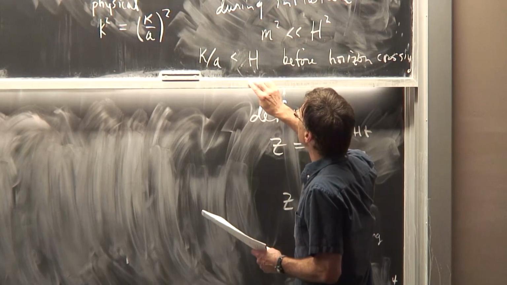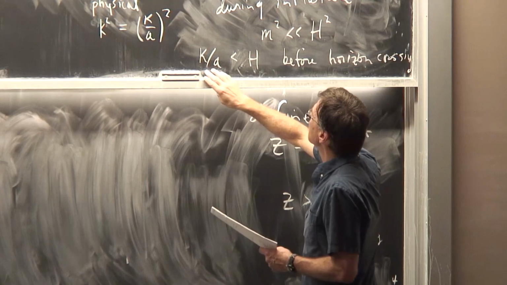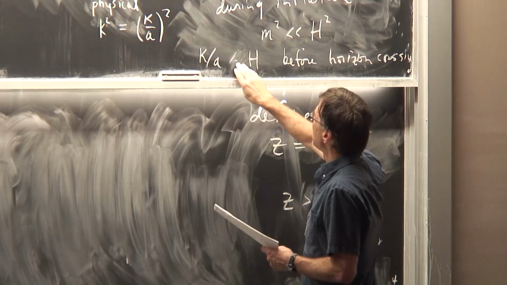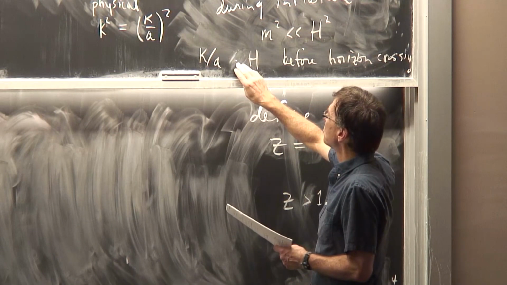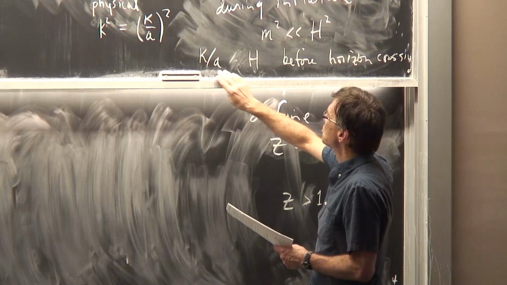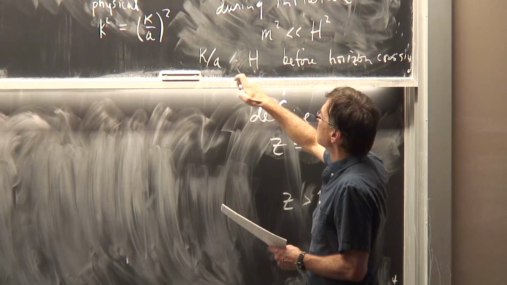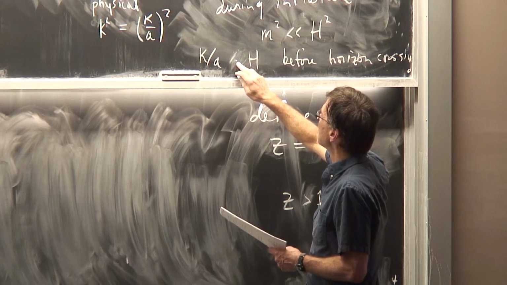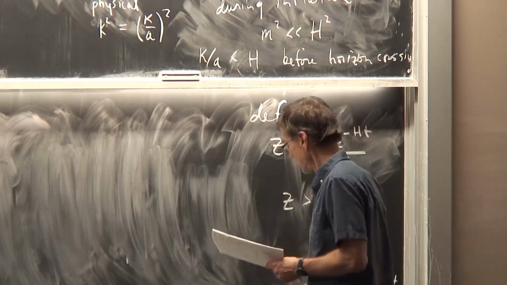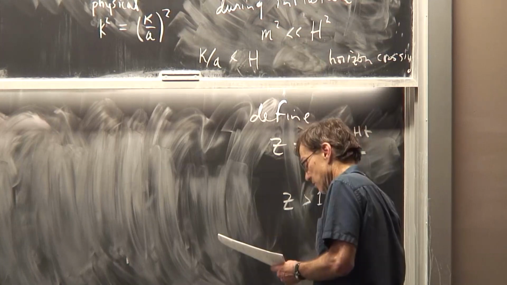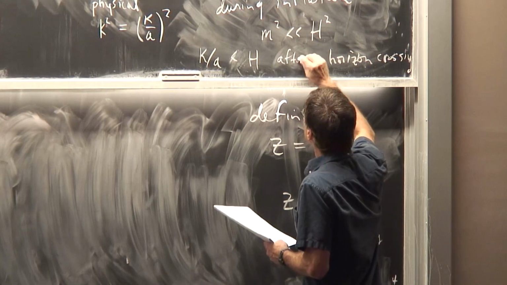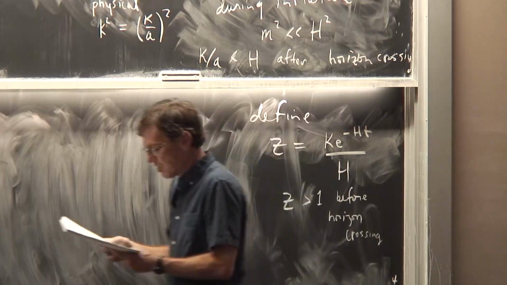At the moment of horizon crossing, this is equal. At later times, a is bigger, so this is less. Oh, it's less after horizon crossing, you're saying. No matter, let's just solve this thing.